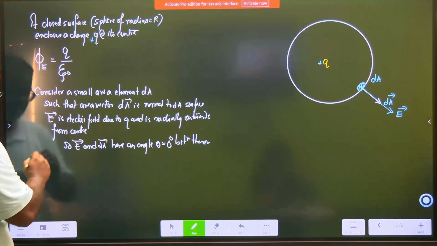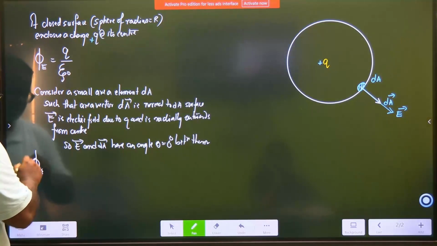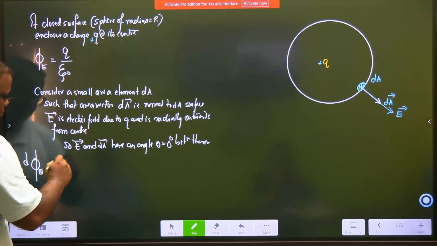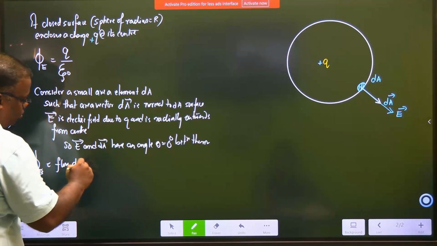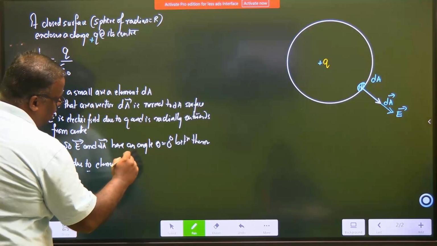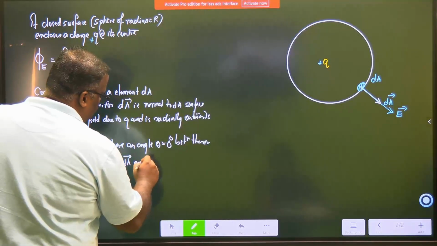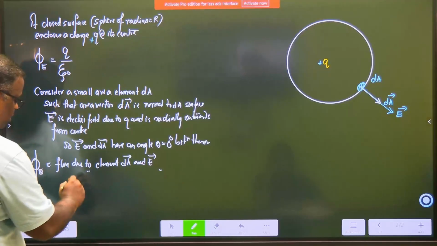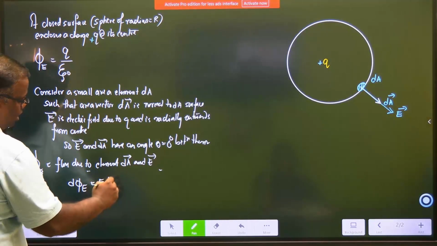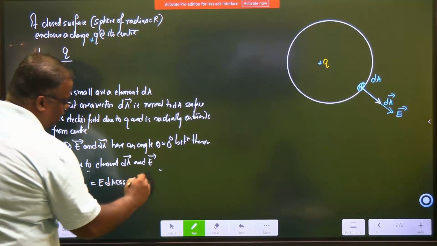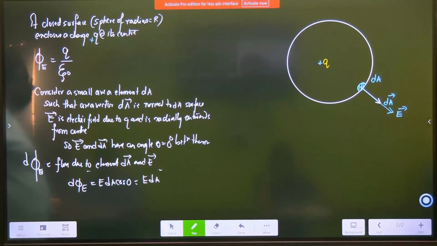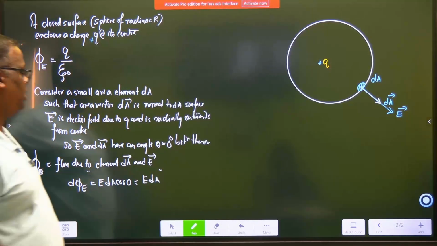Now flux, small flux d phi e, is flux due to element dA and E. So d phi e can be written as EdA cos of 0, which is EdA. Fine.